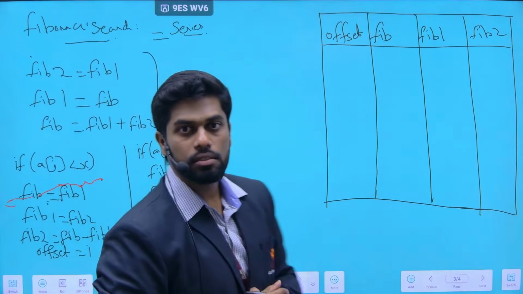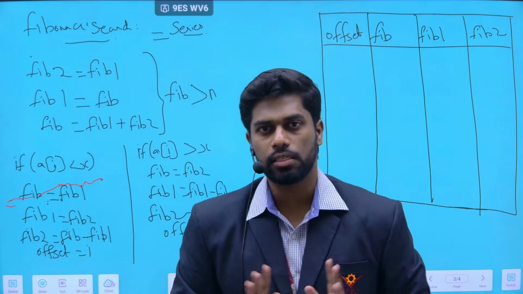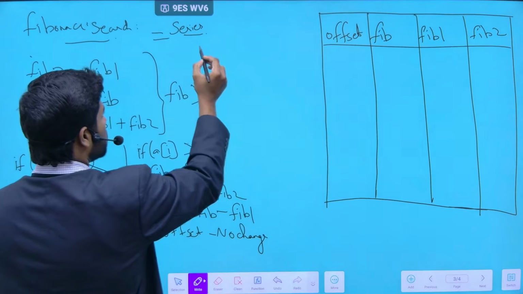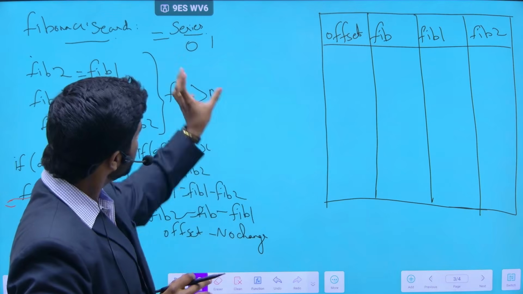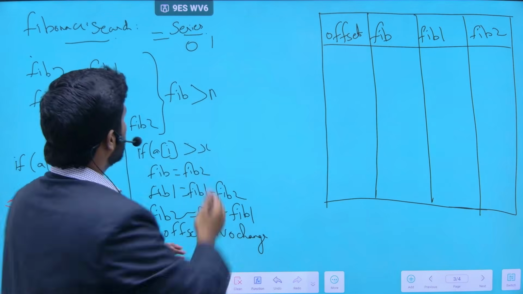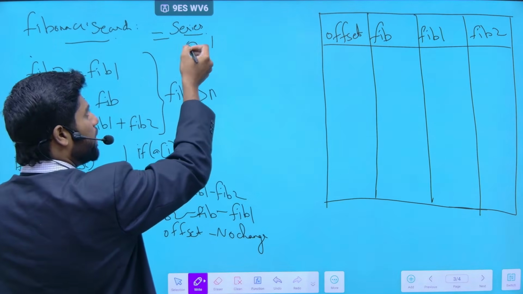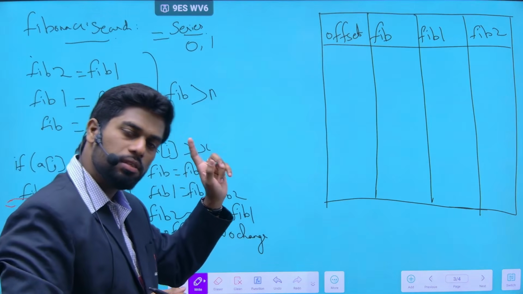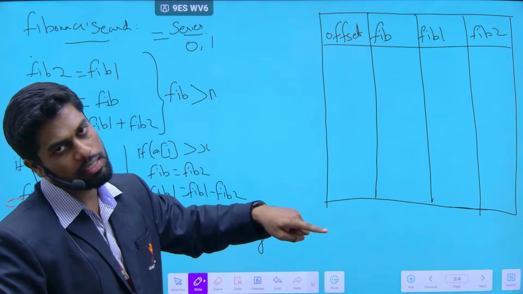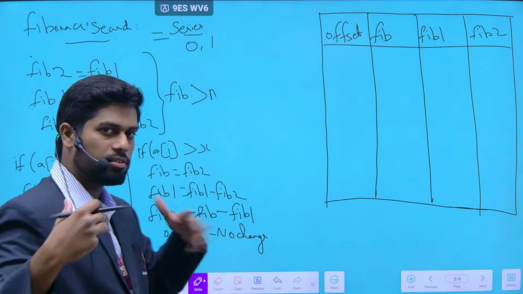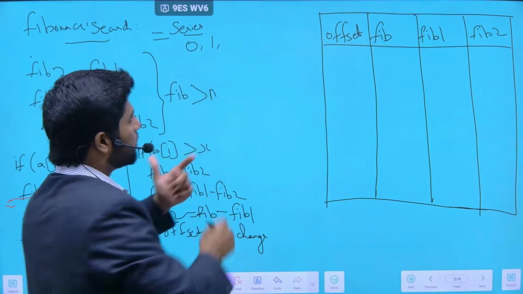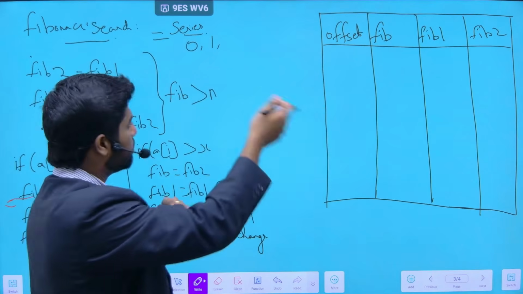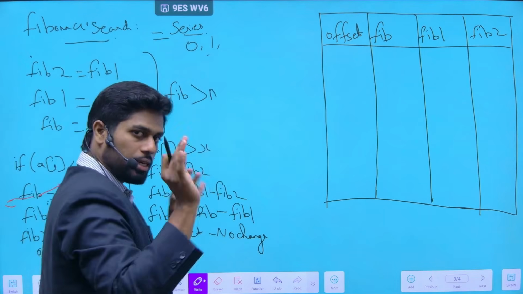What is the Fibonacci series? We will have 0, 1. This is initial. Let it be A, B, or Fibonacci series first, Fibonacci series second, whatever it is, our wish to choose the variable. Add the last 2. That will be the next in the sequence. These 2 are default.